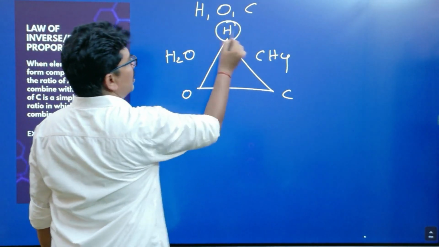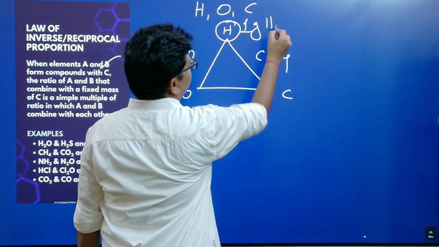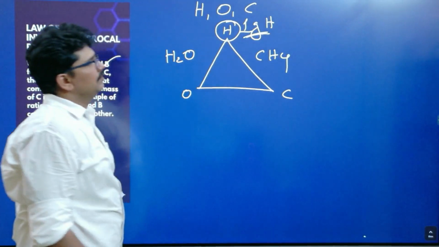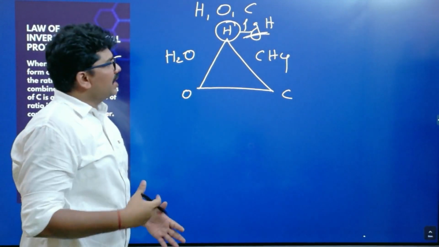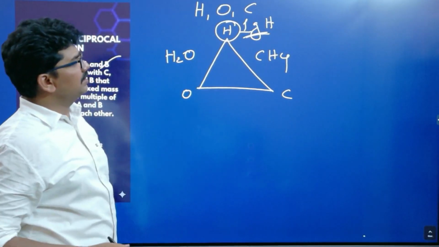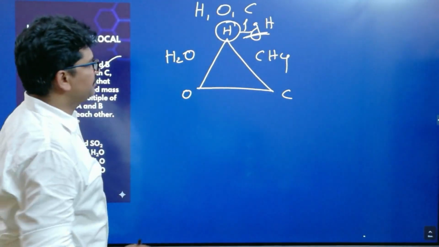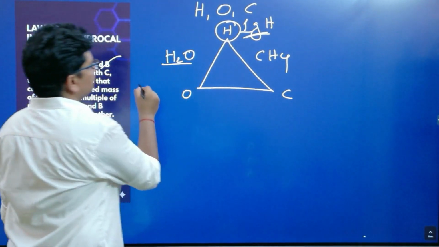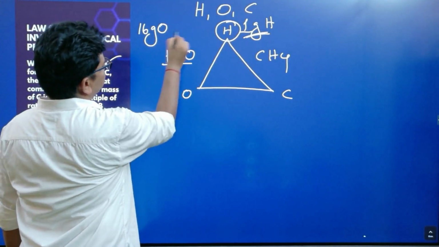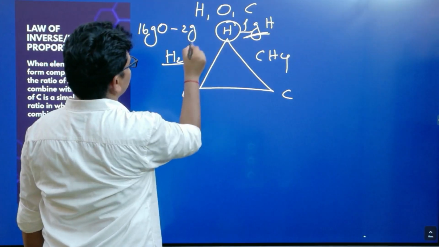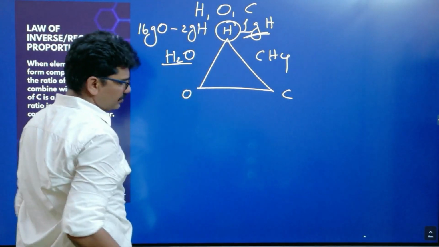Here, I will take 1 gram of hydrogen as the fixed mass. We can take oxygen as fixed, carbon as fixed, anything as fixed. I am taking hydrogen as fixed, that is 1 gram.